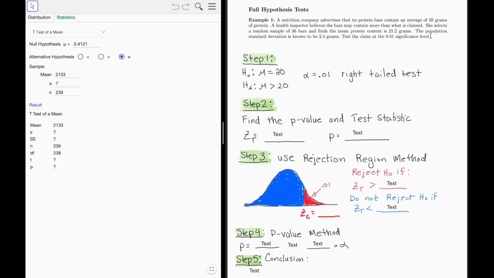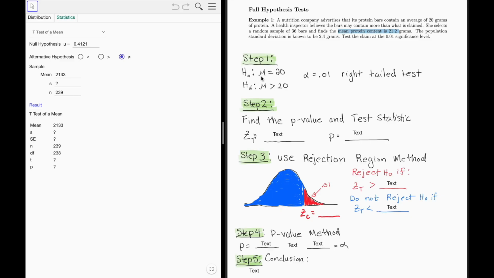So the first thing we need to do is identify if we're talking about a claim involving a mean or a proportion. In this example, we're talking about the mean protein content of a nutritional bar. So when we set up our hypotheses in step 1, we're going to use mu's.